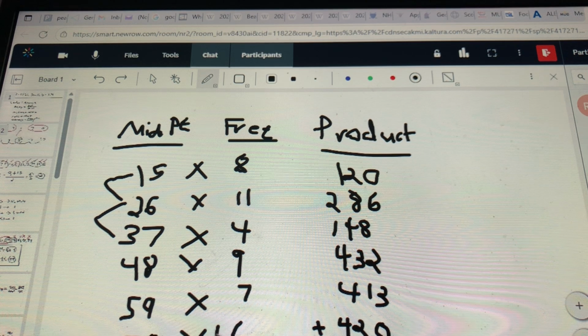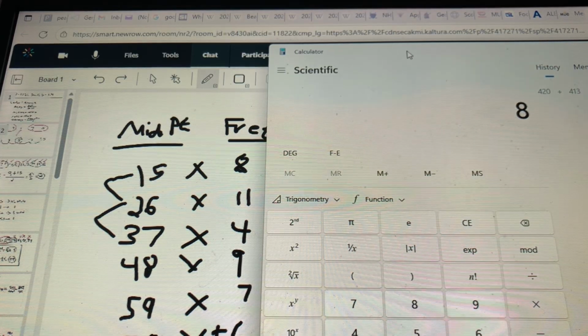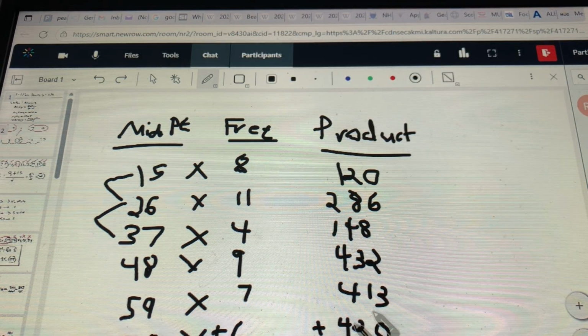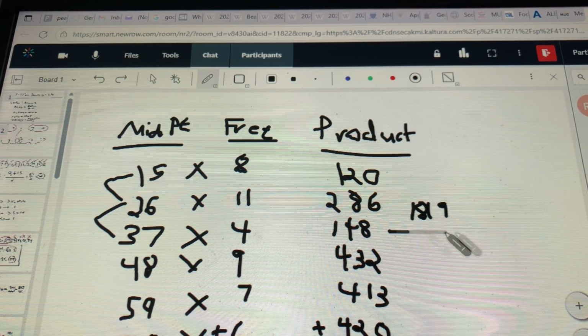You always add up the frequencies. Eight plus 11 plus 4 plus 9 plus 7 plus 6. And just by coincidence, it happens to be 45 again. So the mean is the 1819 divided by 45.